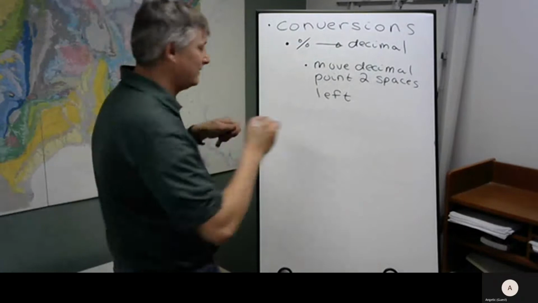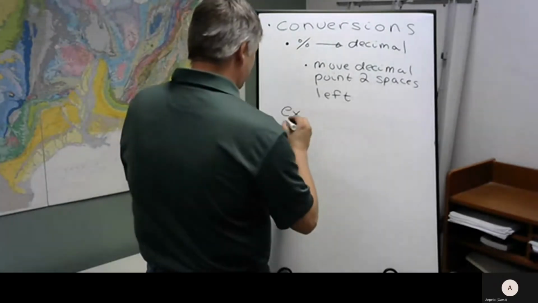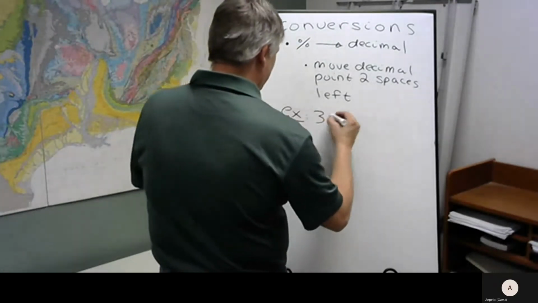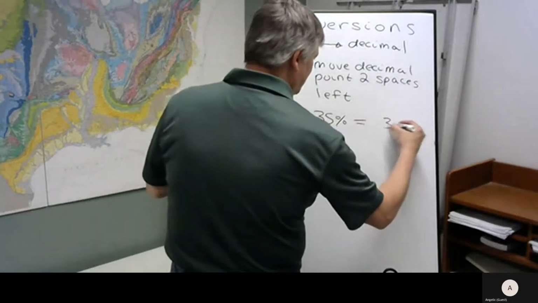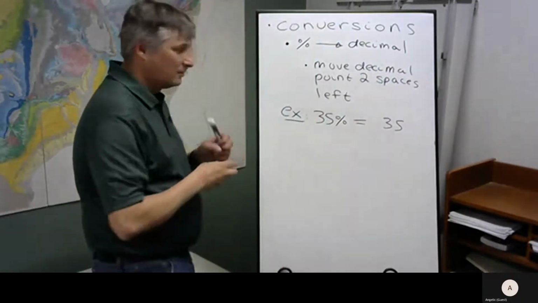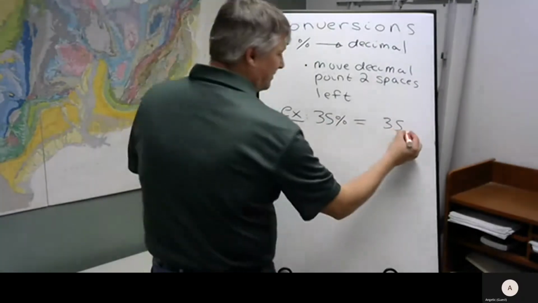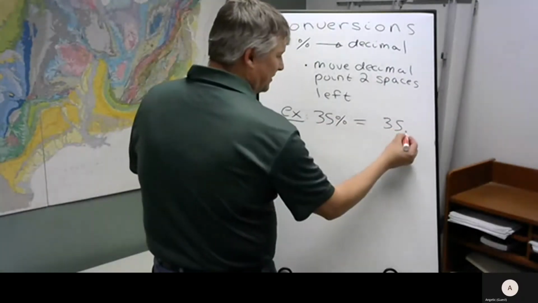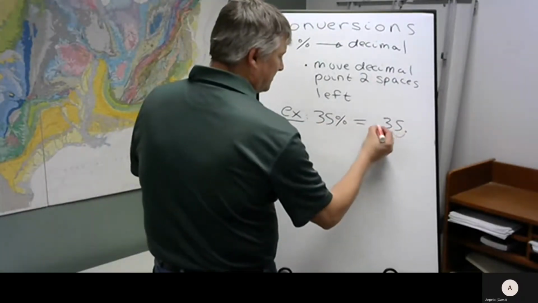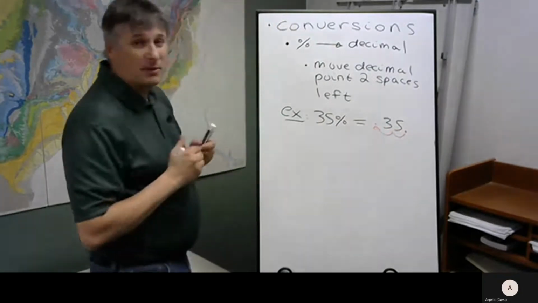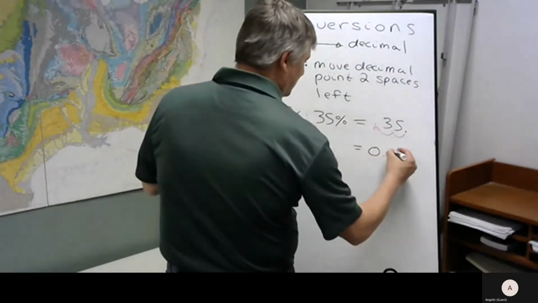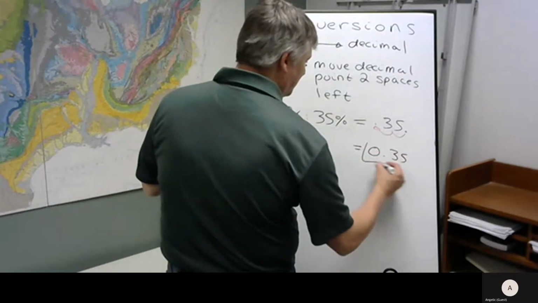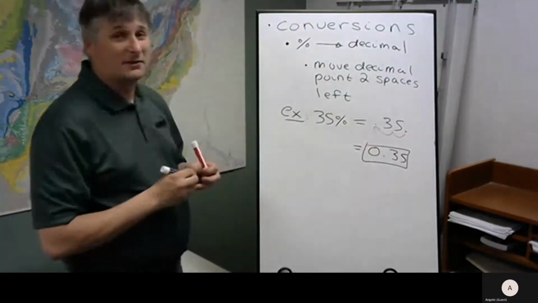So for example, 35%, we're just going to take 35, and the decimal will go right here, and we'll move this 2 spots to the left. 0.35 or 35 hundredths.